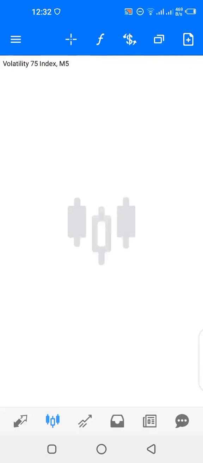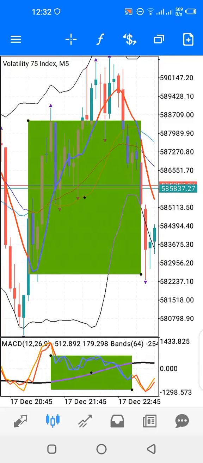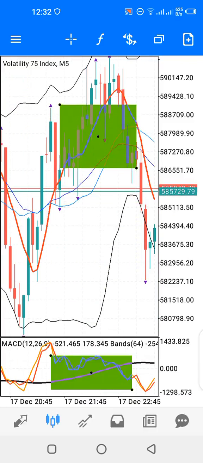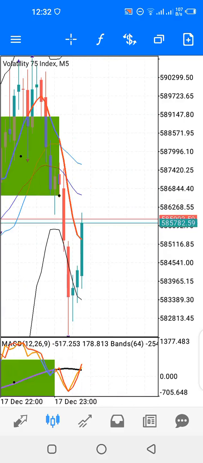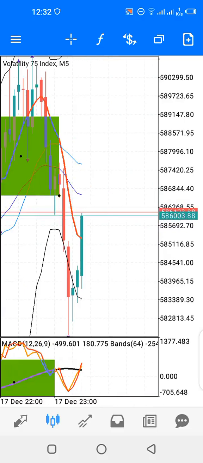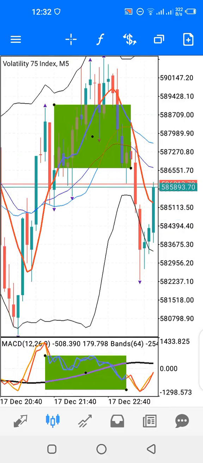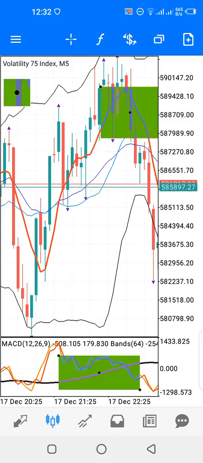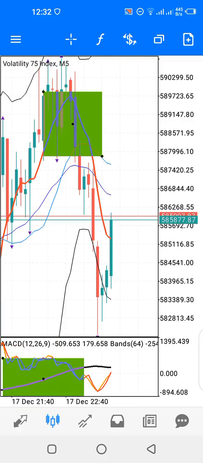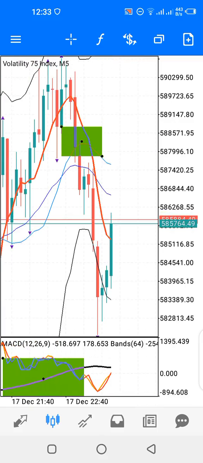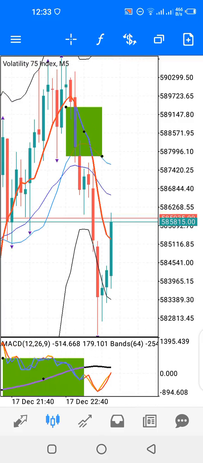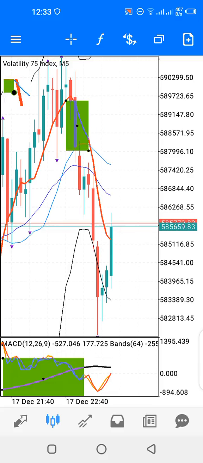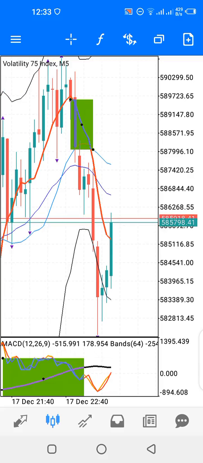All right, so let's go to the main chart. The way the strategy works on the main chart is you allow price to cross down and close below the red line, which is your 13 period moving average, like you have a cross down here.